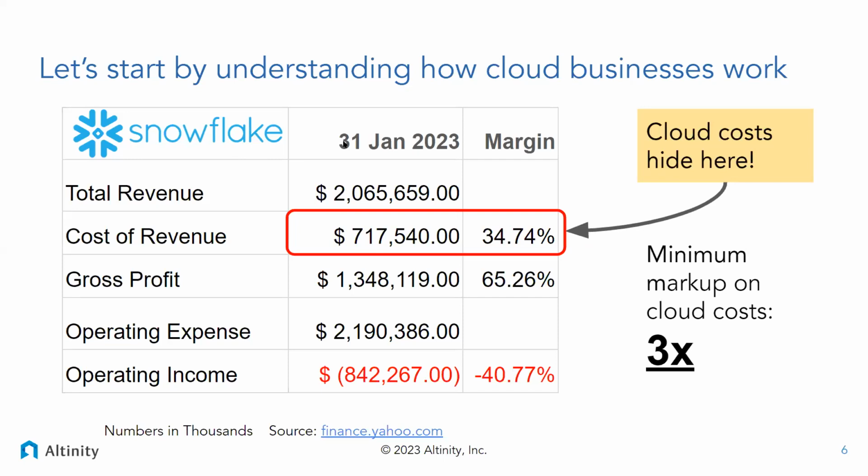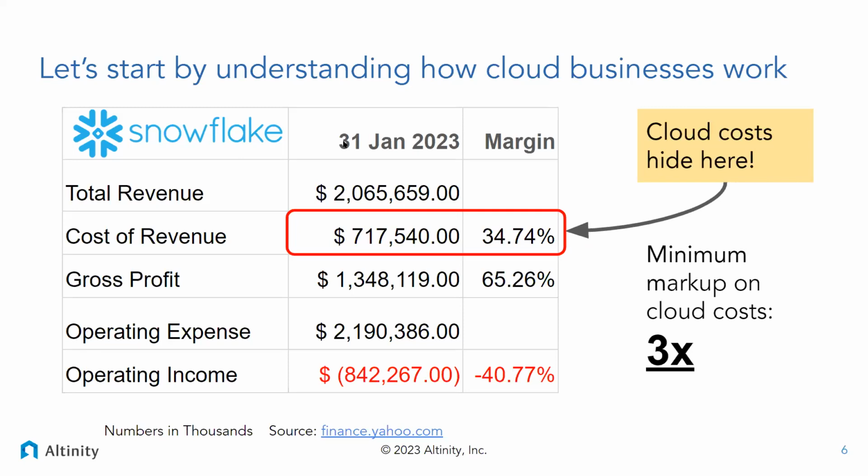So if all of that were cloud cost and nothing more, then that would mean that when they charge you and collect revenue, they're marking things up by roughly 3 times. Now, in fact, the actual delivery costs for a service like Snowflake are much wider, and don't just include running VMs and allocating storage in places like Amazon.